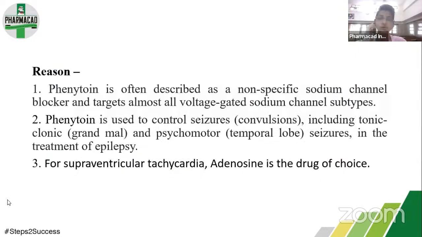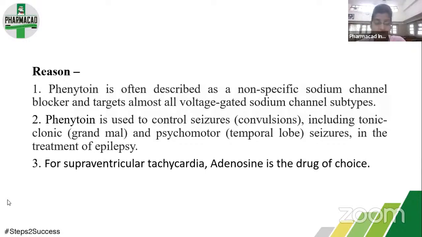As we know, phenytoin is often described as a non-specific sodium channel blocker and targets almost all voltage-gated sodium channel subtypes. So it belongs to class 1B of your antiarrhythmic drugs, if you remember. But phenytoin is not a drug of choice because it has many side effects, firstly.